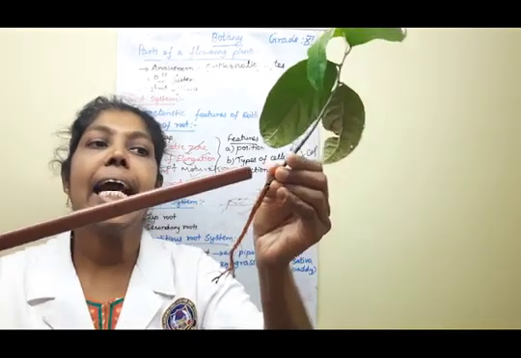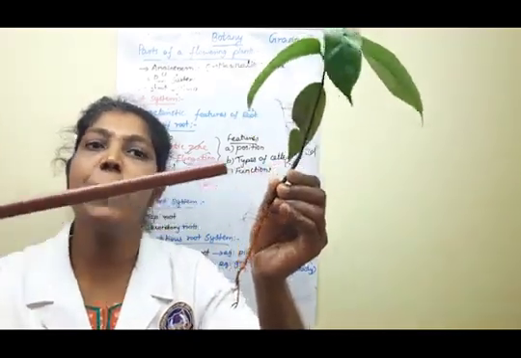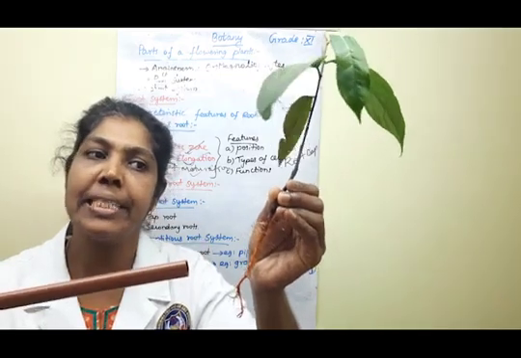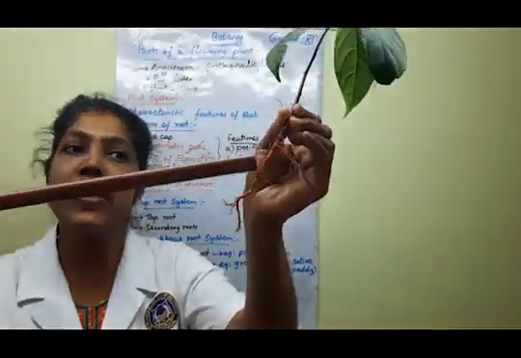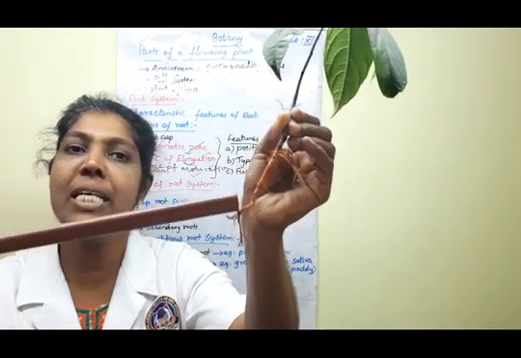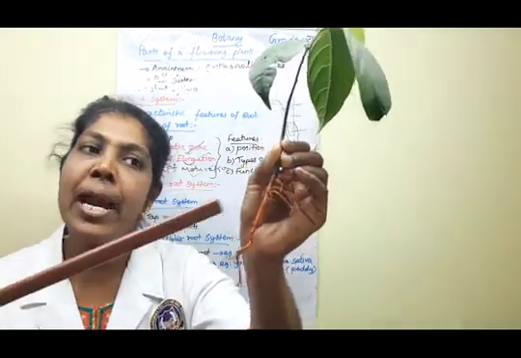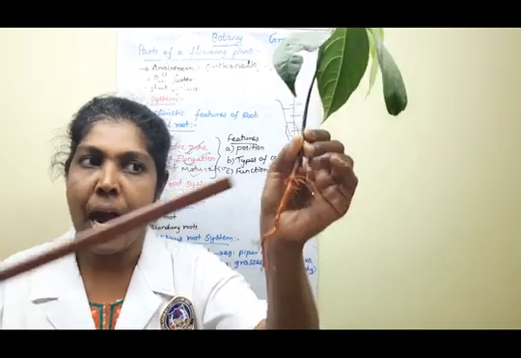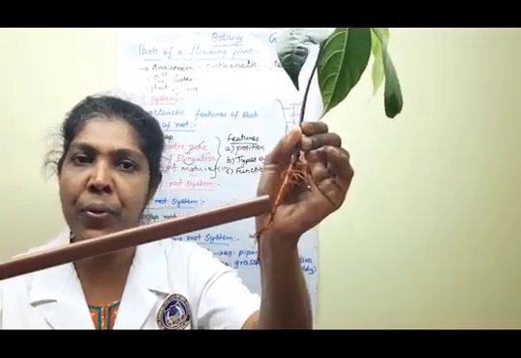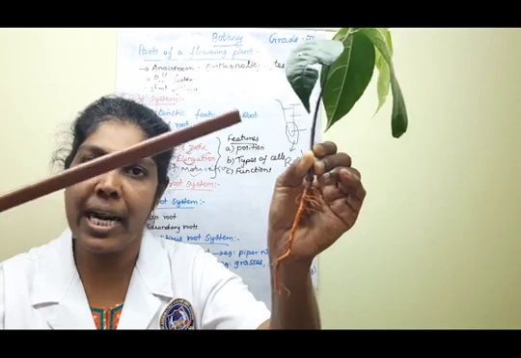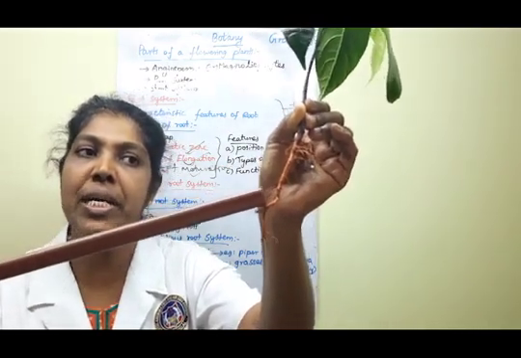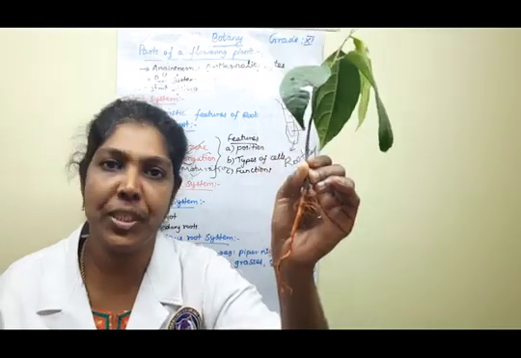From that elongation, from the radicle region, the root that arises is known as the taproot. Mainly this is found in dicotyledonous plants. The main root develops from the radicle part. That first initial root is known as the taproot system.